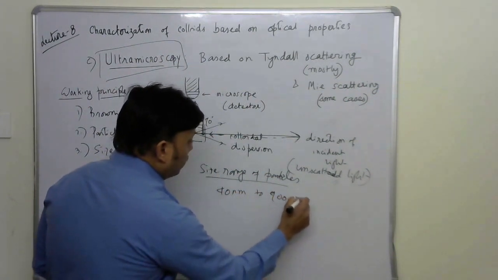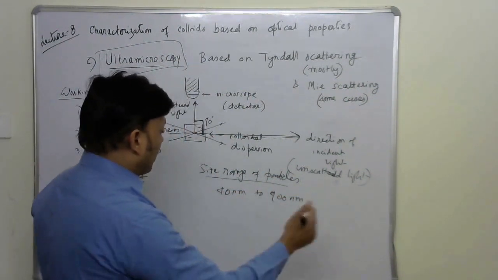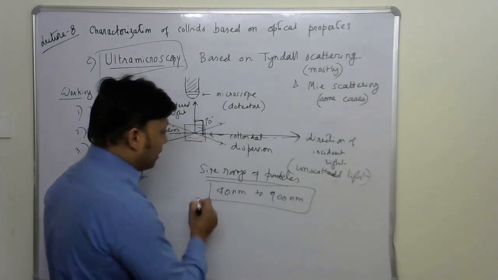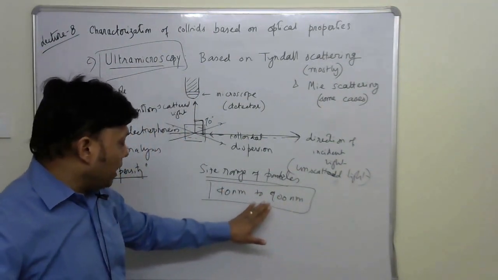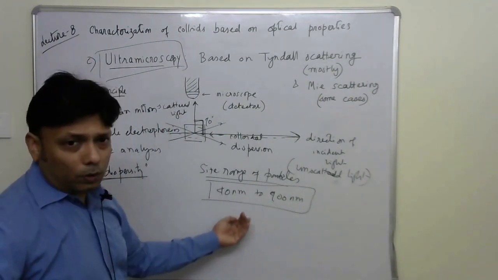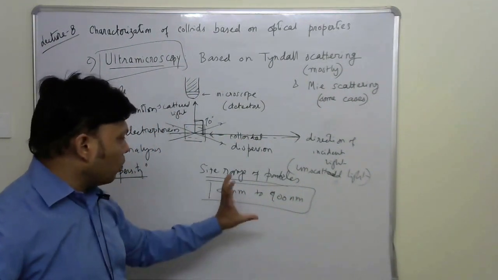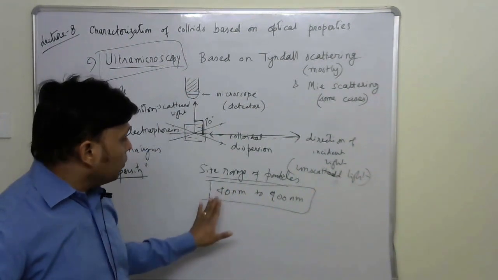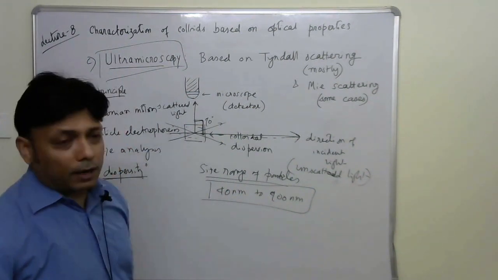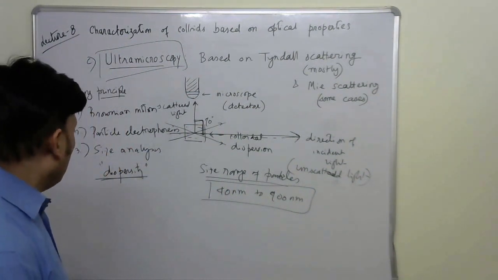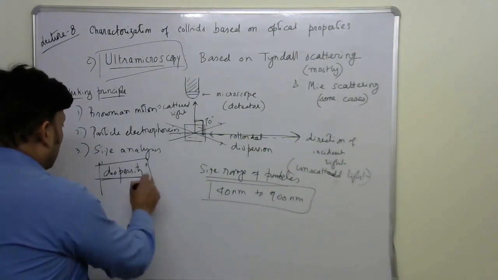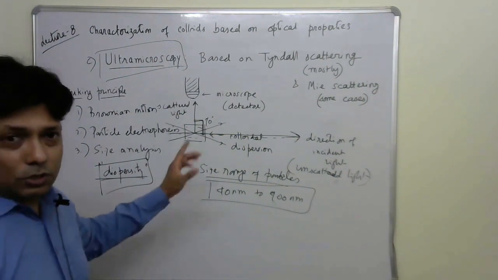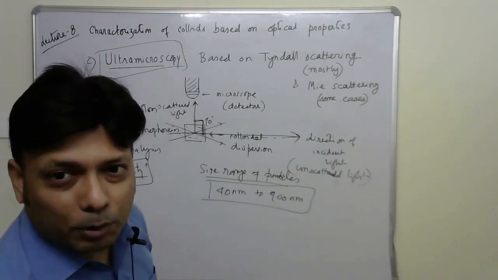Earlier I told you between 400 to 800 nanometer, but there is a correction to that. Because this is mostly in the range of visible light, but it can go slightly below it, almost one order of magnitude below. So basically from 40 nanometer to 900 nanometer. Anyway, our next topic of discussion is dispersity. So let's clean the board and describe it here.